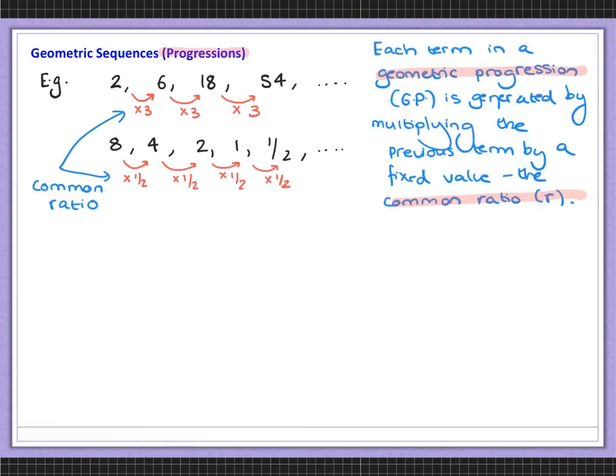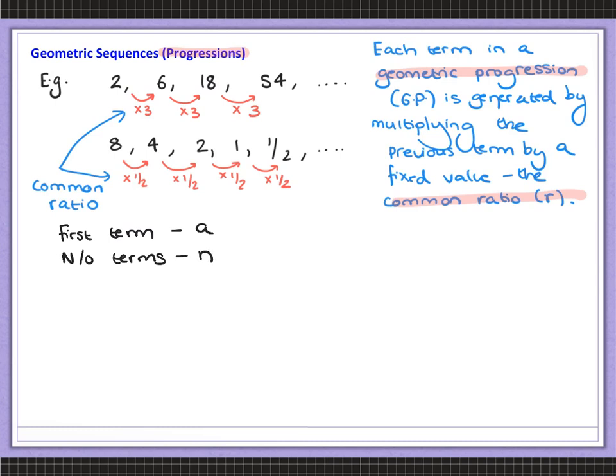So let's write down some of the notation that we need to make sure we use. The first term in the sequence is called A, as it was previously. The number of terms is referred to as n.